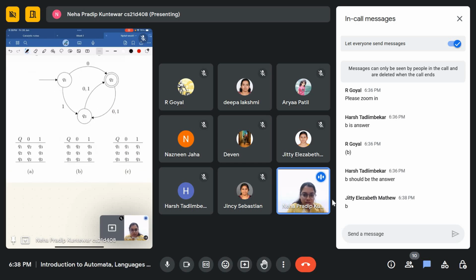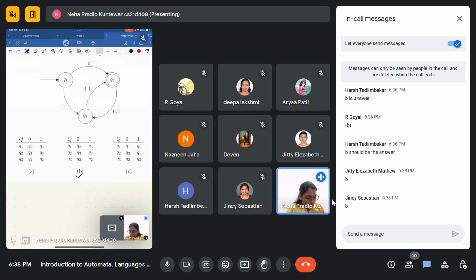Yeah, most of you have answered, and what you're thinking is correct. B is the transition table corresponding to it.